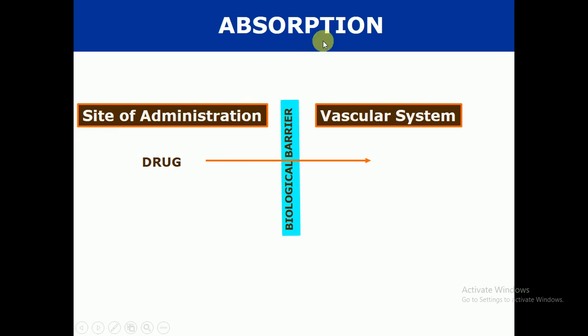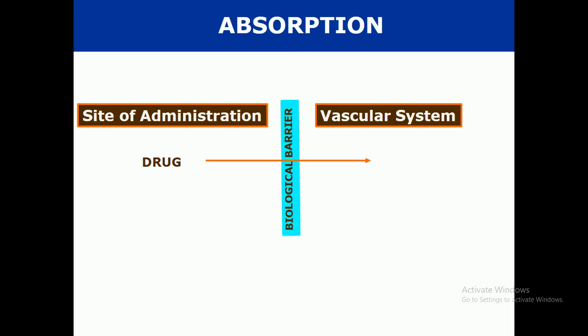Now look here, this is absorption. This is the site of administration, this is the drug, this is the biological barrier, and this is the vascular system. It means that after administration, the drug will be absorbed, and there are biological barriers. So you can say absorption may be slow or fast. It depends on the condition and on the nature of the drug.